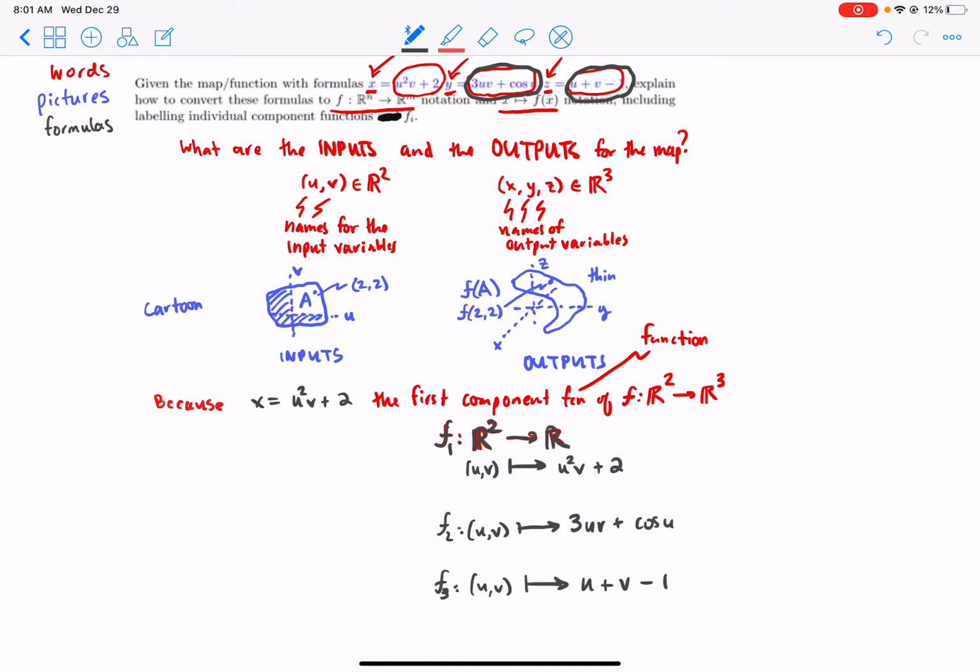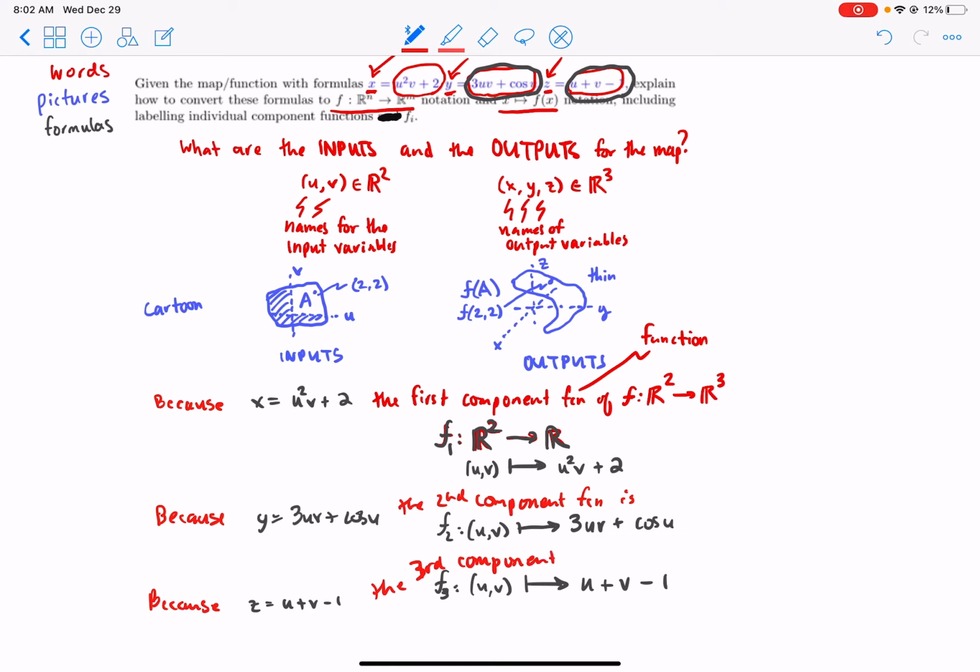And maybe I'll fill this in because y equals 3 uv plus cos u, because z equals u plus v minus 1, because the third component function is that.